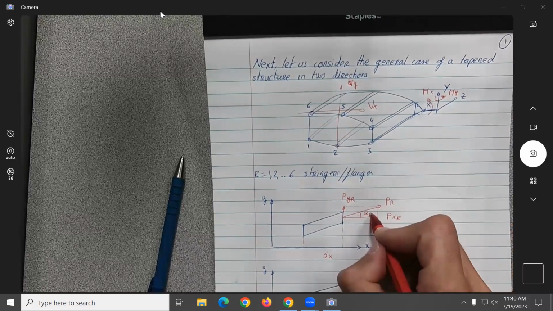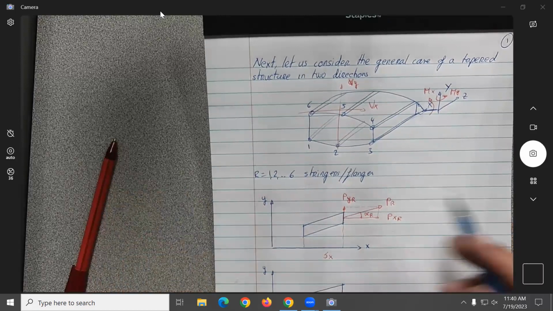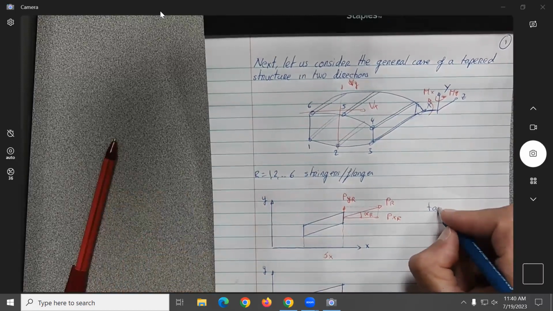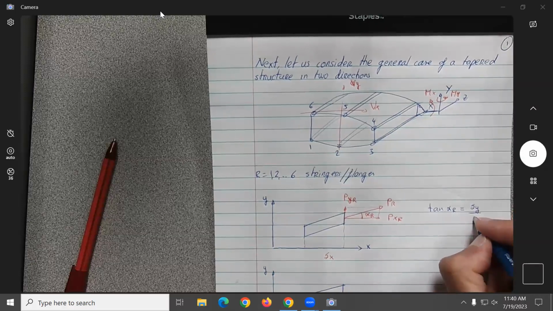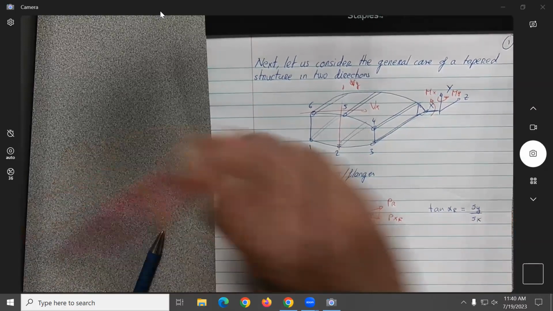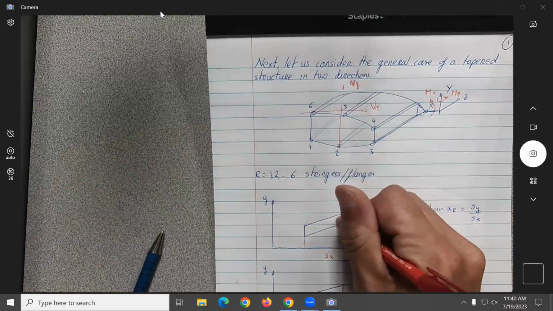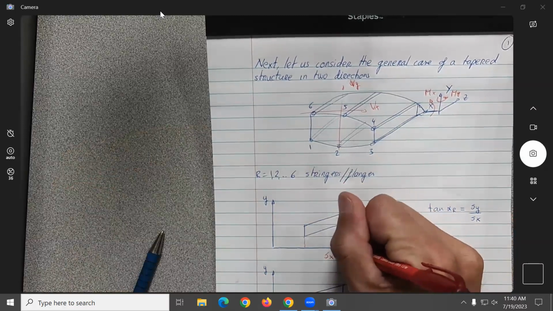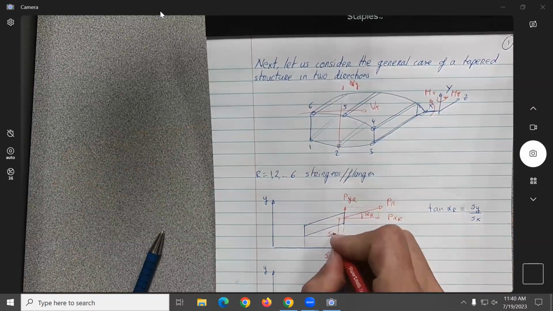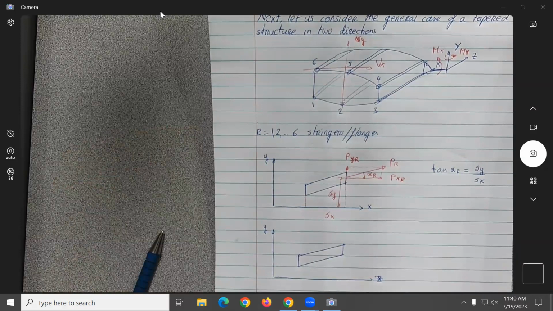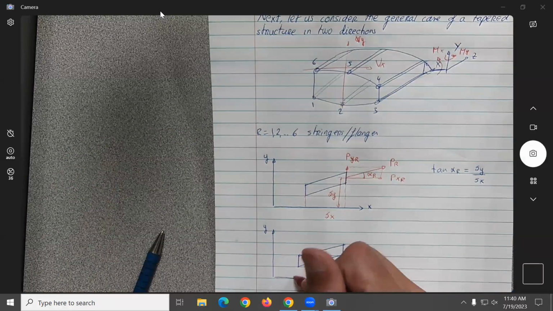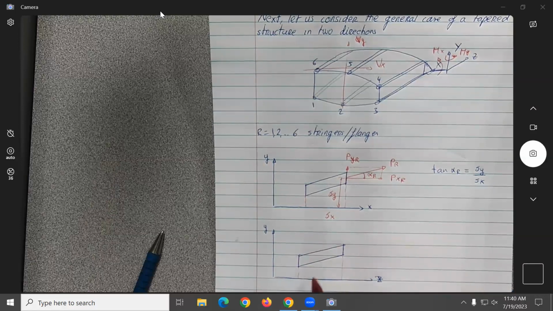And as before, let's say we call this alpha r for the stringer sub r. We could say that tangent alpha r will be equal to delta y over delta x, where the delta y will be this height over here. Okay, so basically you need to do this with the stringers that will be changing in both directions. Doing similarly, instead of delta x, it would now be the delta z.